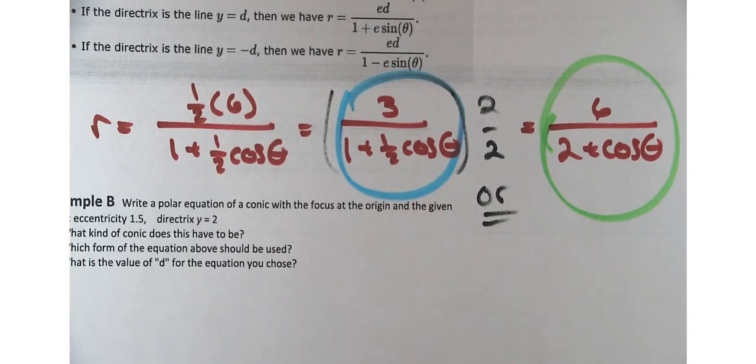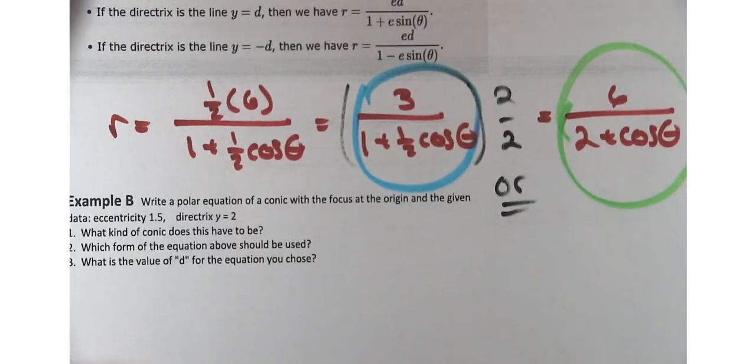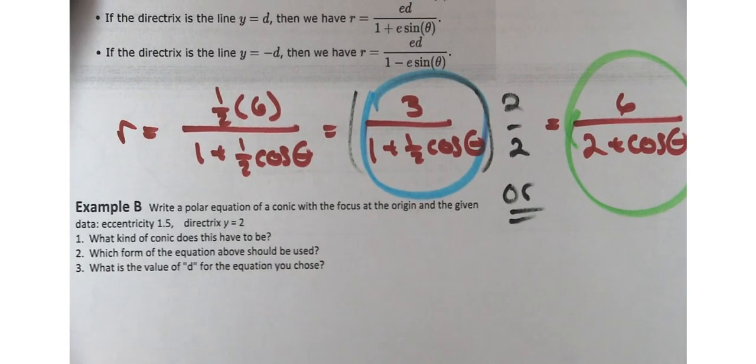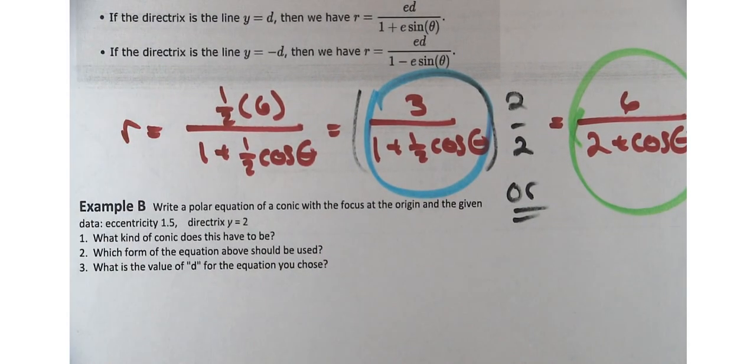You can graph those in polar on your graphing calculator. We'll do that in a little bit with example C. For right now, let me move on to example B, unless there's something about example A that you're unsure of. Write a polar equation of a conic with a focus at the origin.